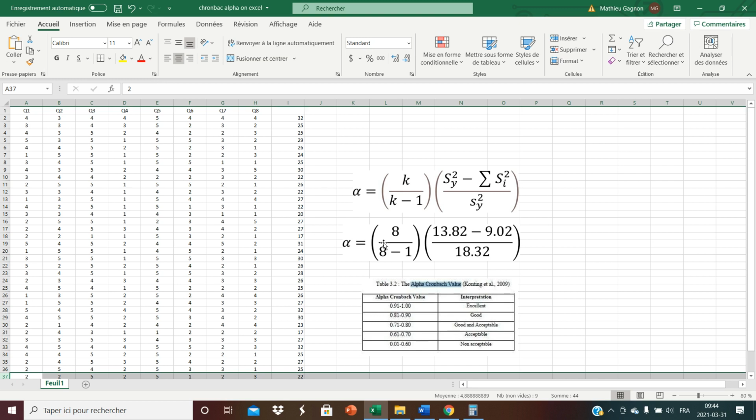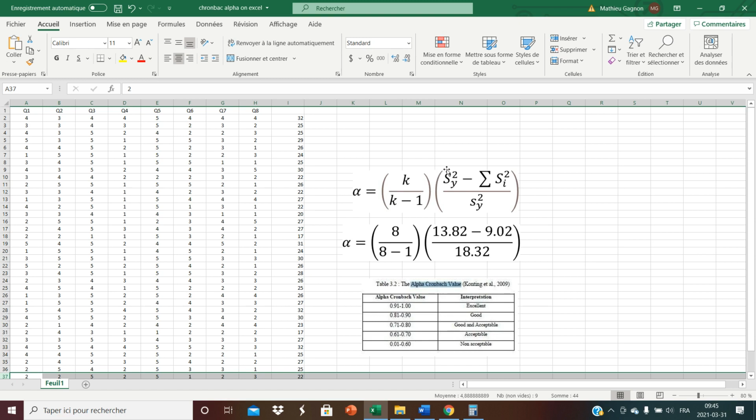La formule pour l'alpha de Cronbach est la suivante. Alpha égale K divisé par K moins 1. So K is actually the number of items. Okay? That's a constant, of course. It doesn't change. And so it's K divided by K minus 1.